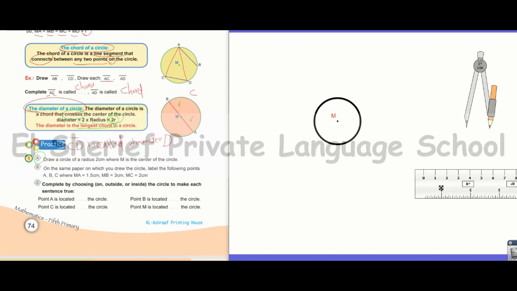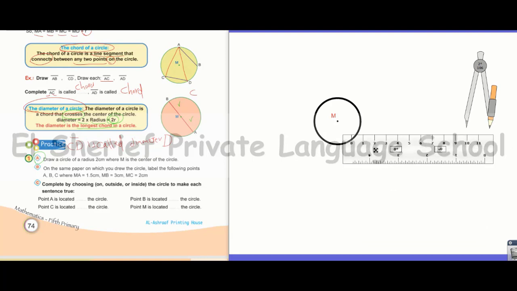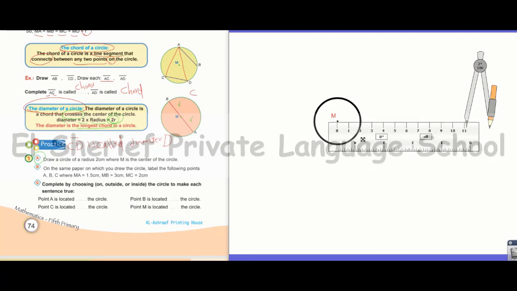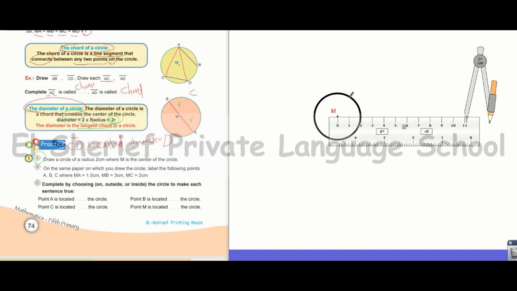So what we'll do, first put 0 on M. Then point A after 1.5.